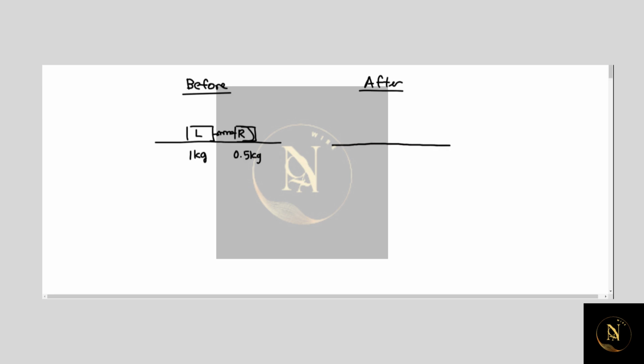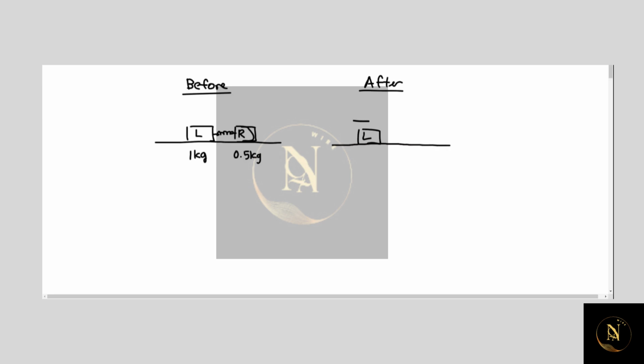In this question, this is the situation. Before, we have blocks L and R connected by a spring which is compressed initially. L is 1 kg, R is 0.5 kg. After that, they are released from rest.